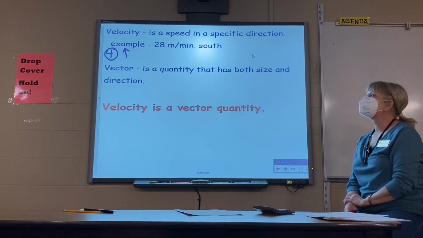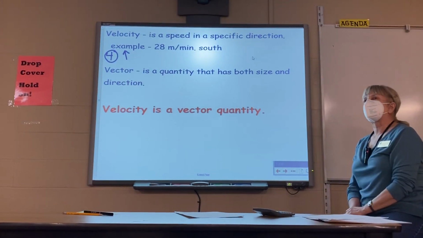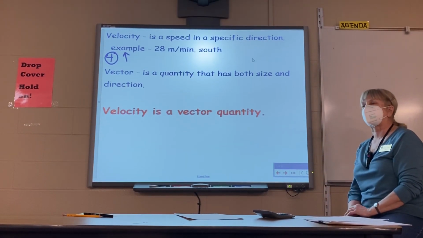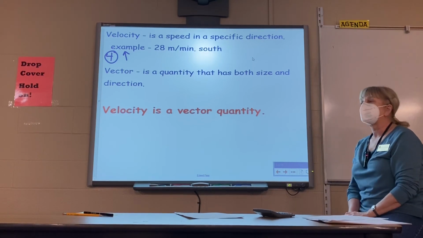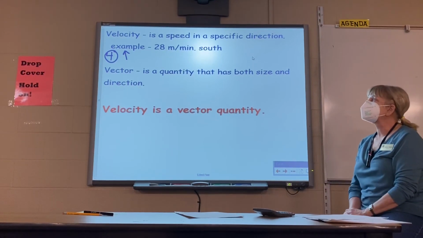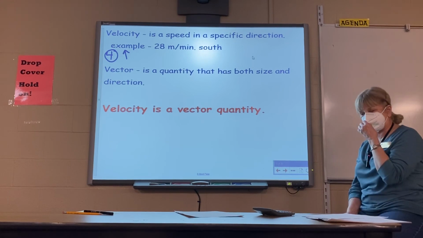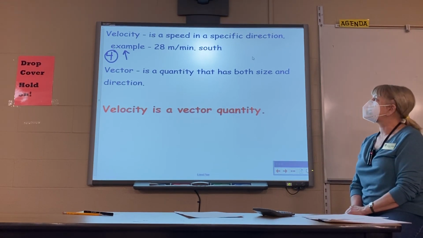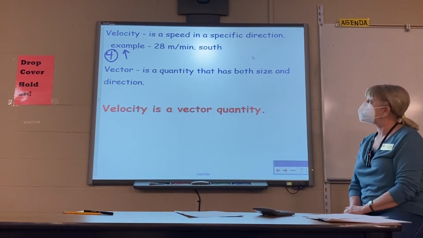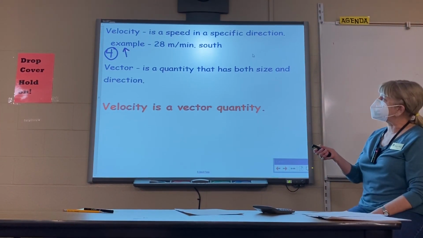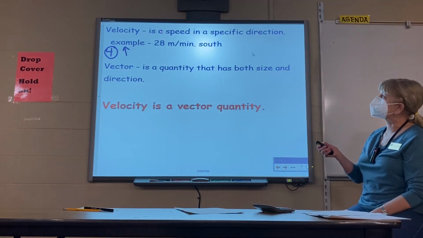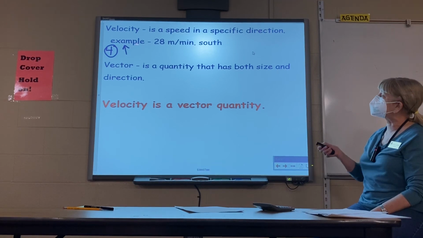The next video we make, we're going to be talking about velocity a little bit. And velocity is the exact same thing as speed. It just includes a direction, okay? So here's your definition for number 4. Velocity is a speed in a specific direction.